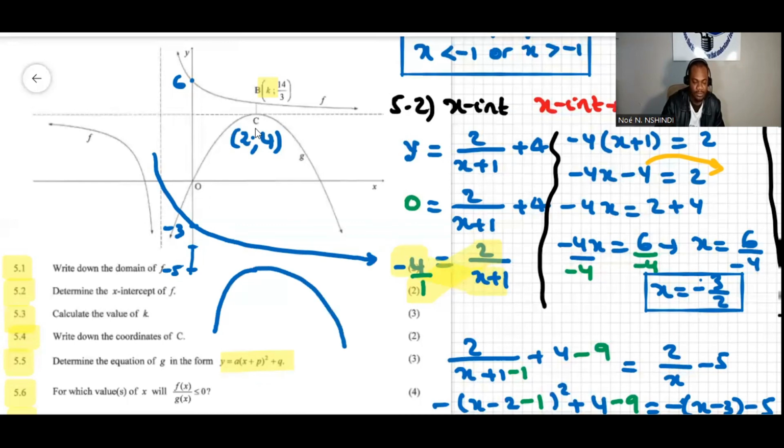Now you notice the parabola will not even cross the x-axis, but this arm of the hyperbola, because it also shifted 9 units, will be somewhere there, something like that. And then you see that the two graphs will form only one real root. So the answer is one real root.